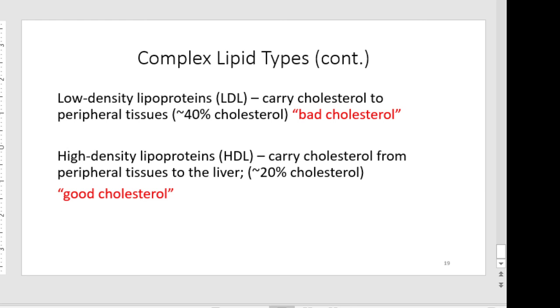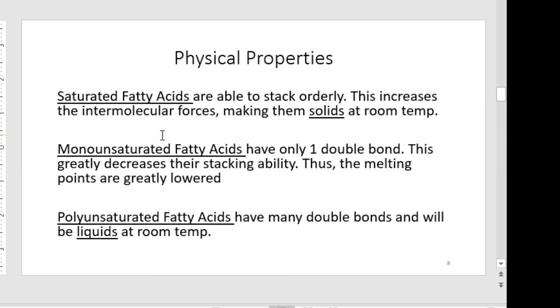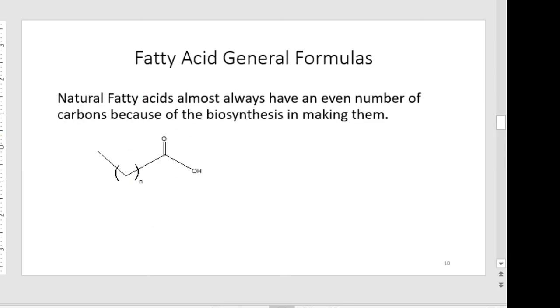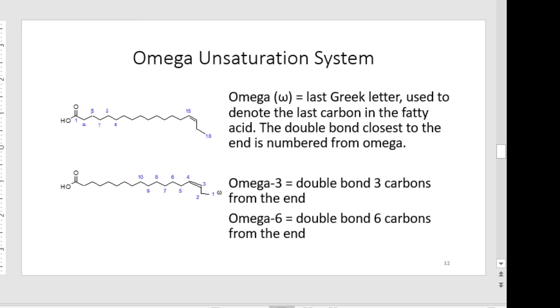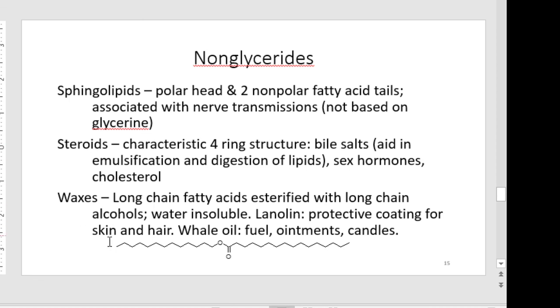We'll do some naming. We're going to do a lot of, I'll draw a structure and you'll identify it, or you'll tell me if it's omega-3. You're going to classify it. And so, like I say, the steroids and the waxes are pretty straightforward. So you'll tell me what kind of lipid it is. All right? It's not too bad. I'll catch you on the next one.